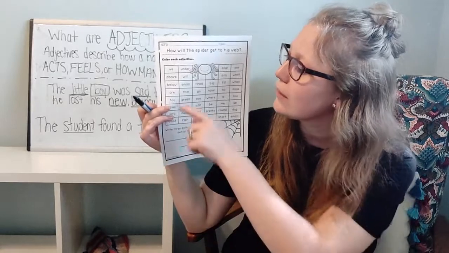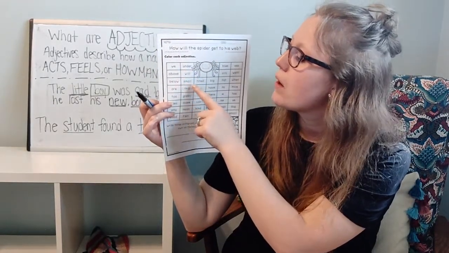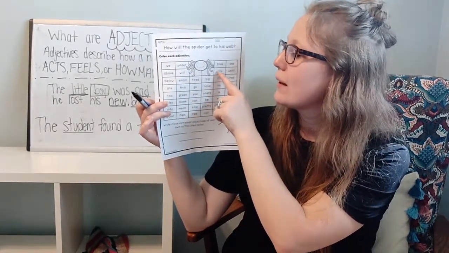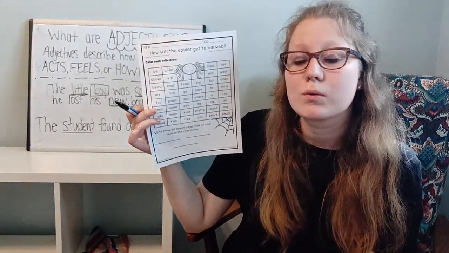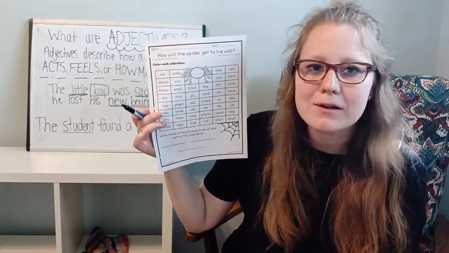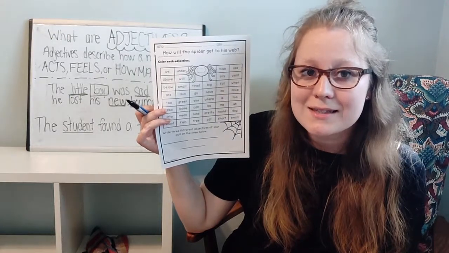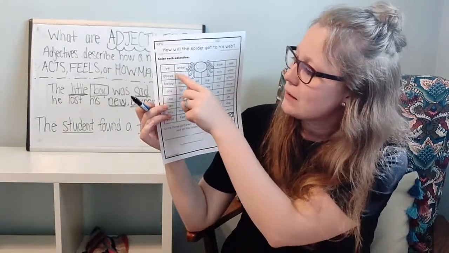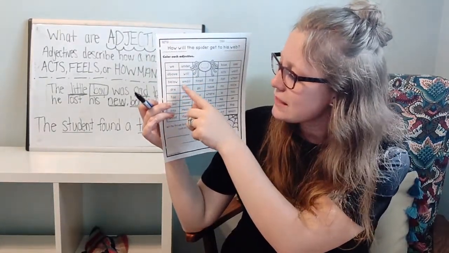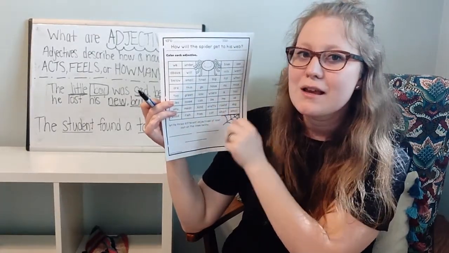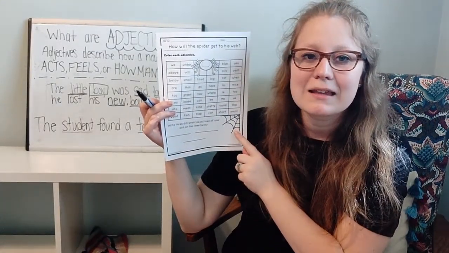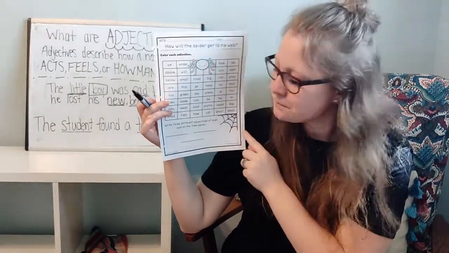So if you think under, will, small, tired, big, fat, oily, or blue are words that could describe a noun, color in the box and keep going from there, the boxes that are around it, and eventually you will find a path to get to the web.